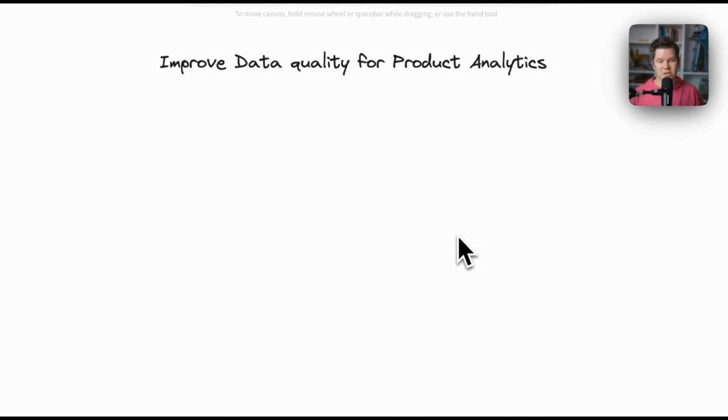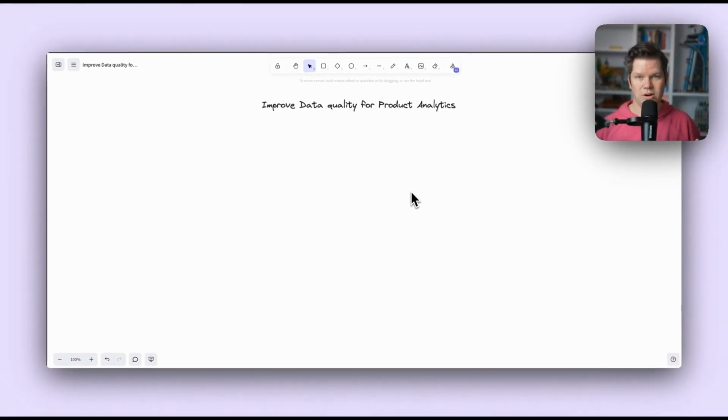Let's really take some time to talk about data quality in product analytics. I want to explain a lot of things at the beginning to make it easy for you to really understand where the classic way to collect product analytics data has natural limitations.